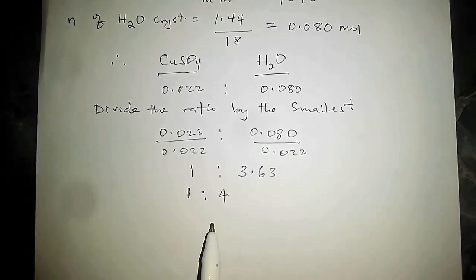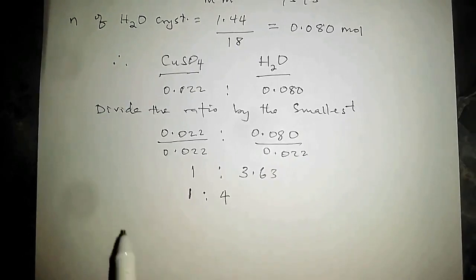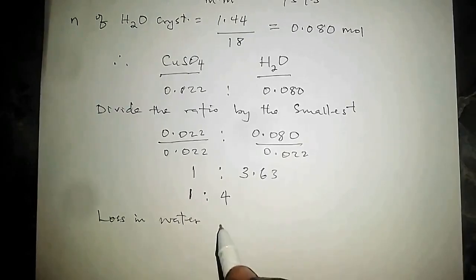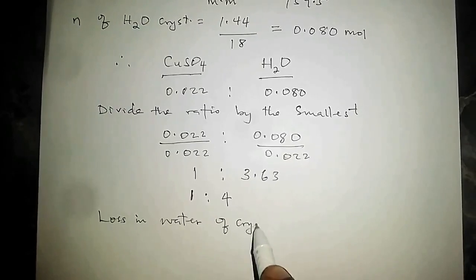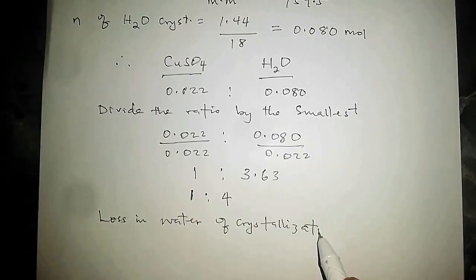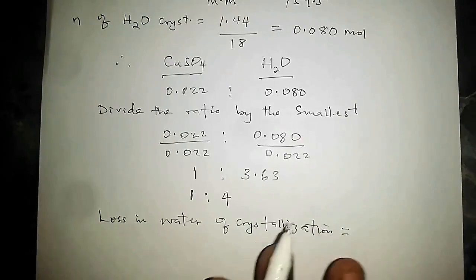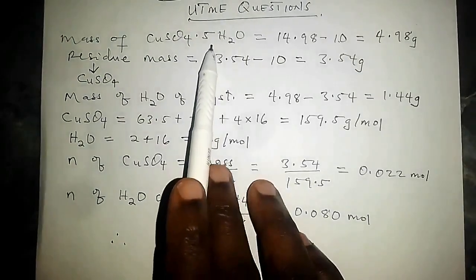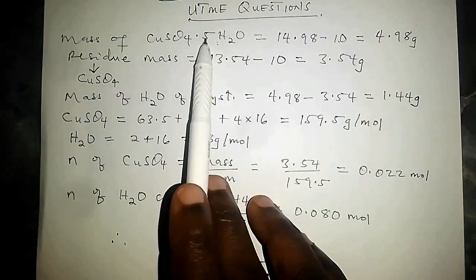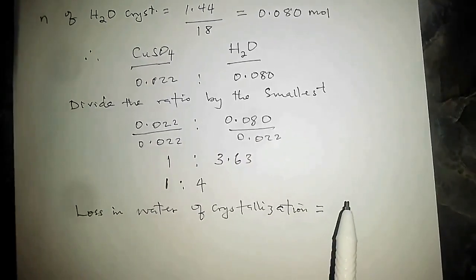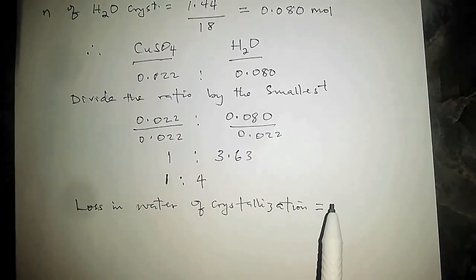So you get to realize that the loss in water of crystallization after the analysis was done is going to be equal to, since from the beginning we have 5 moles of water of crystallization before the analysis, and after the analysis we want to know how many molecules of water of crystallization are lost.